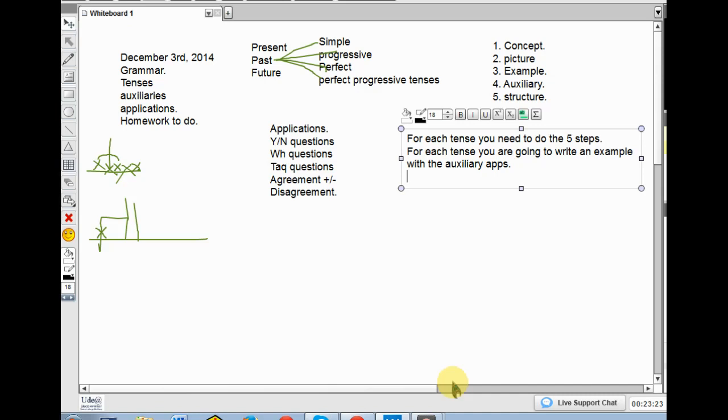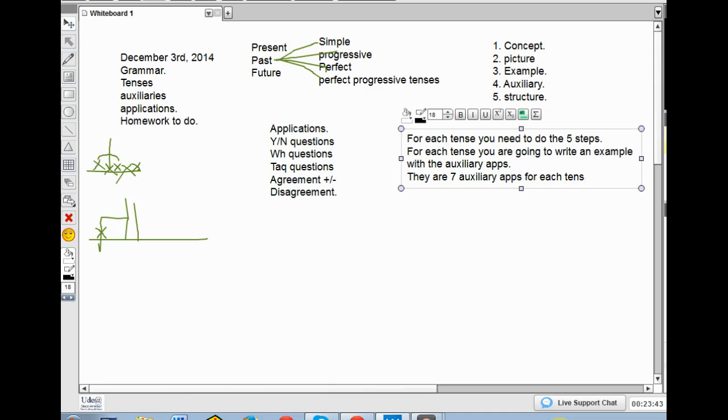They are 1, 2, 3, 4, 5, 6, 7. They are 7 auxiliary applications for each tense.